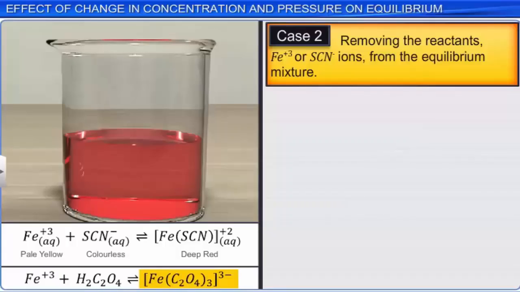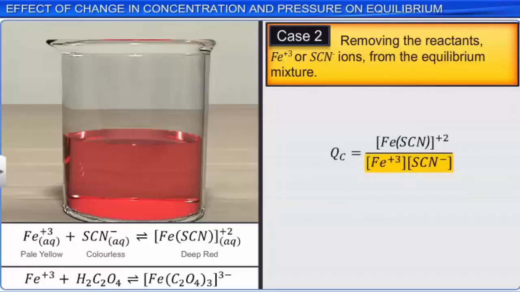Due to this, there is a decrease in the concentration of free Fe³⁺ ions in the solution. This results in a decrease in the denominator value in the expression for the reaction quotient. Thus, the value of Qc becomes greater than Kc. When Qc is greater than Kc, the reaction proceeds in the backward direction.